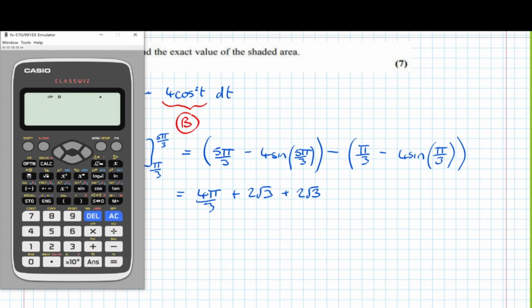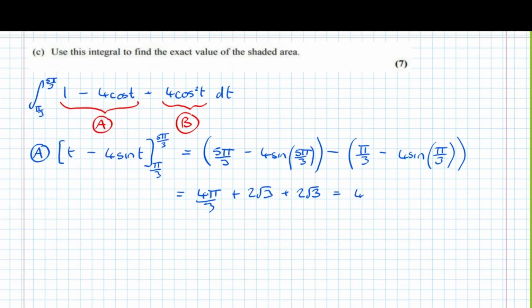And double minus 4 sine of pi over 3 again, just to avoid any confusion, equals 2√3. So equals 4/3 pi plus 4√3. There. And now part B, the hard part.